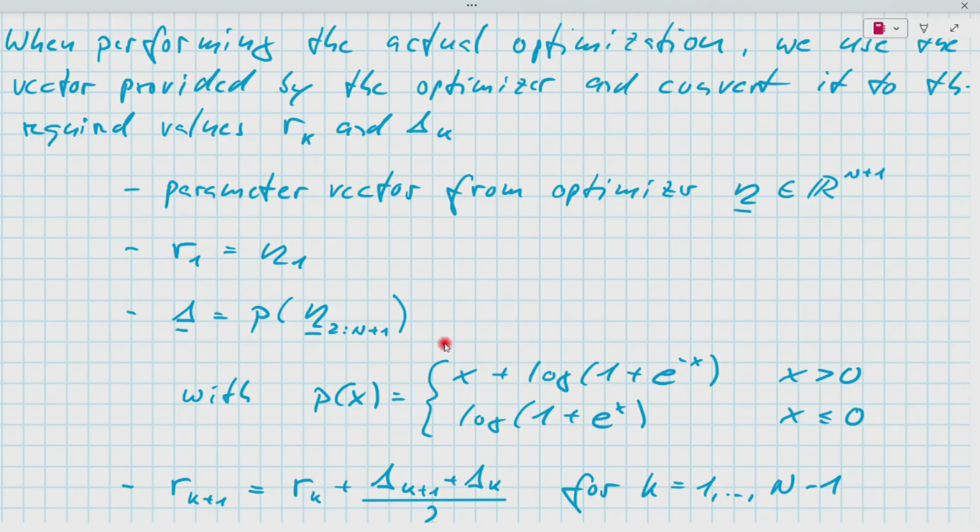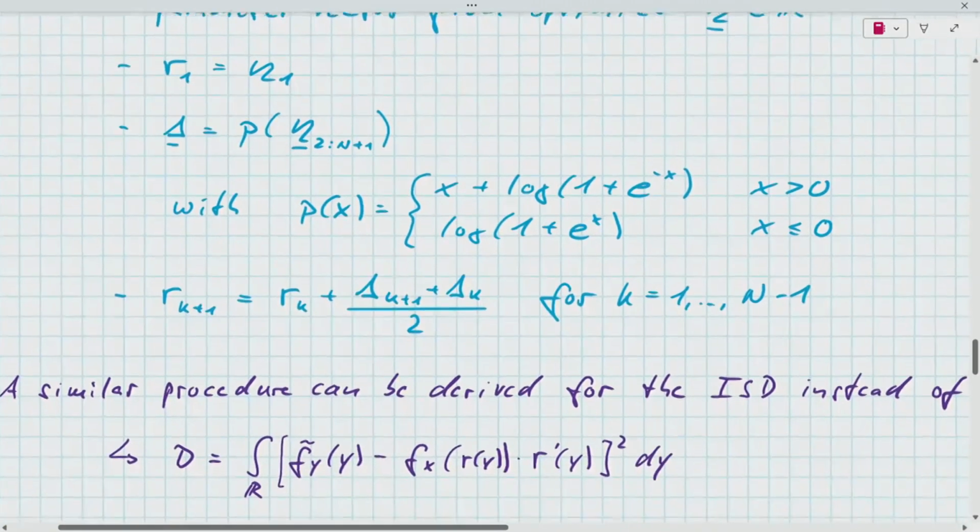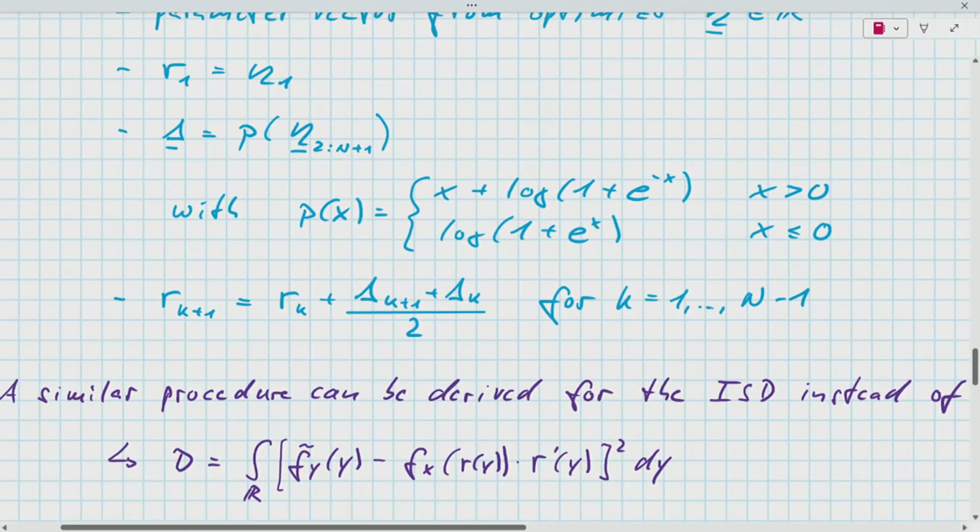Given this function, we then use these deltas to accumulate based on r1. So we use r1 and then we add continuously onto it, by just accumulating subsequent increments, and that's how we build up this monotonic function over the discrete domain.